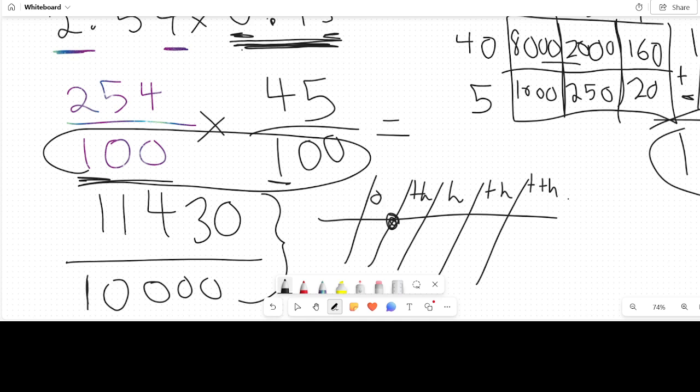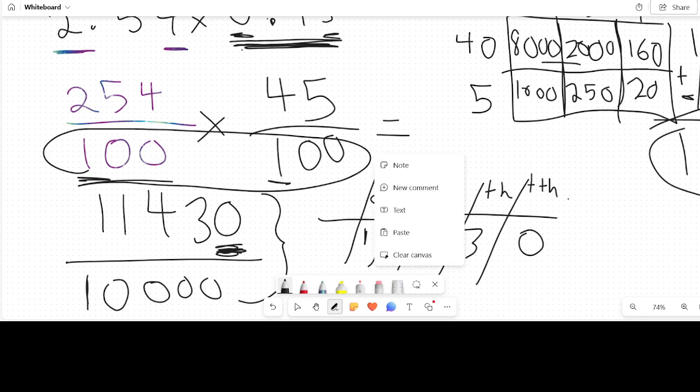So I know, since I'm working with the 10,000ths place, my last digit in my numerator is going to land there. And then I'm going to work from right to left. So then my 3 goes in the thousandths place, my 4 goes in the hundredths place, my 1 goes in the tenths place, and then my last 1 goes in the ones place.